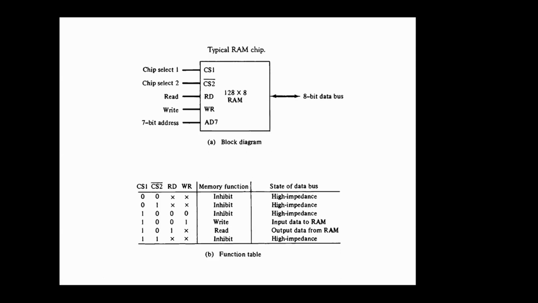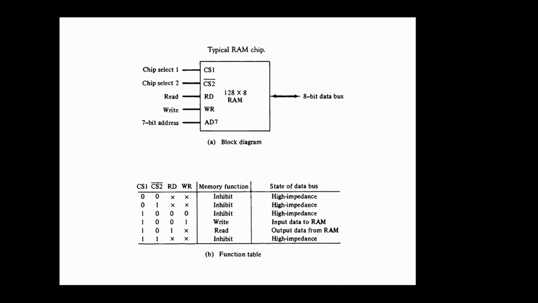Okay, now what is this thing, this 7-bit address, AD7, address 7? Since this RAM chip has 128 rows, there are 128 memory locations in RAM.